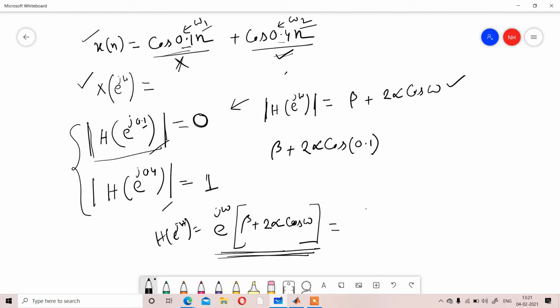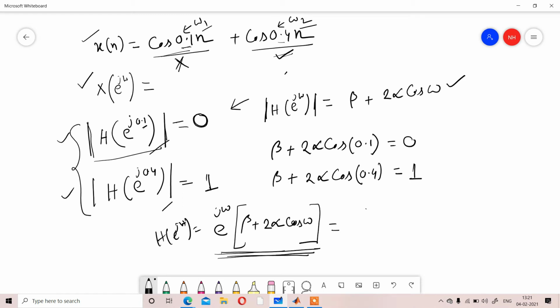That must be 0, depending on that process. And beta plus 2 alpha cos 0.4, that is another magnitude, and that must be 1. Clear?